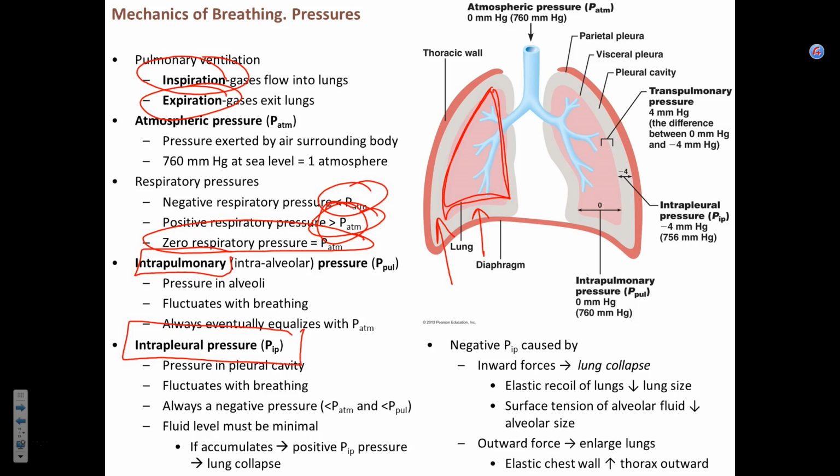If you have an inflammation of pleura, pleuritis of some sort, and fluid starts to accumulate in the pleural cavity, accumulating fluid here will lead to lung collapse. Does that make sense? Because pressure here will rise. That pressure will start to work against the lung, and the lung will collapse. Okay?